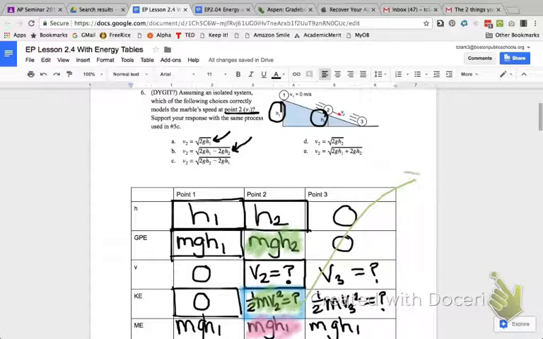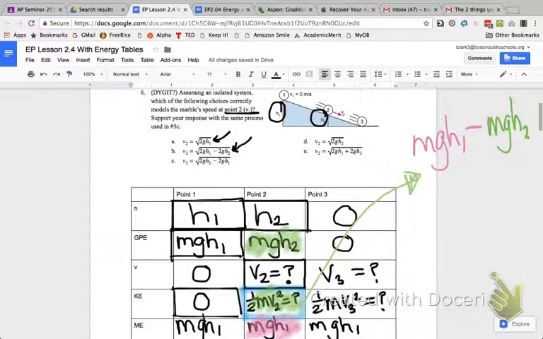So what goes in this box here should actually be what's in pink, mgh1, minus what's up here in green, mgh2.